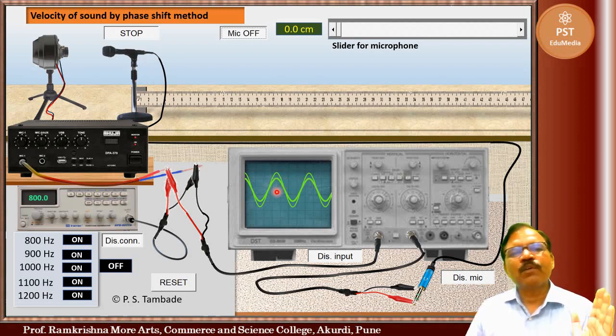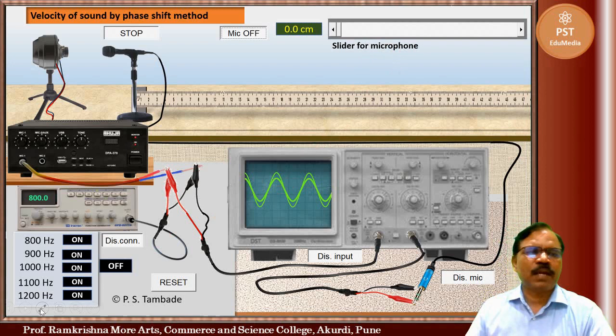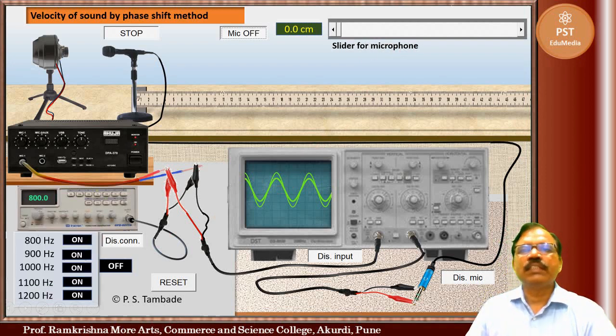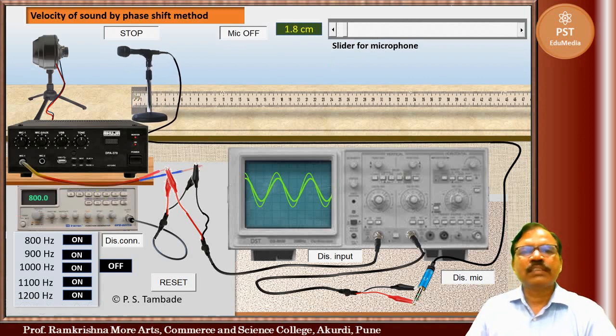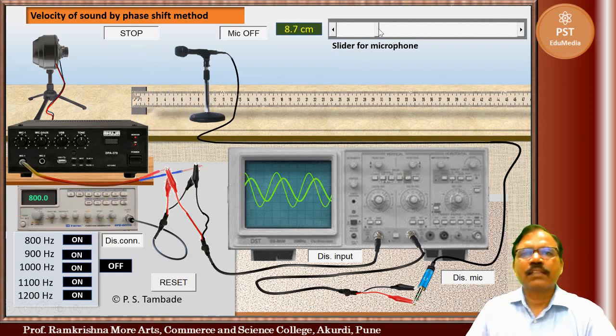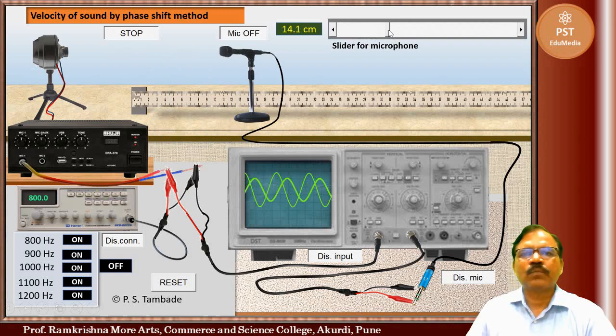The microphone waveform will shift on the screen when we change the position of the microphone. So we will change the position of the microphone using this slider. See here, you will observe a shift in the waveform. Go on shifting. You can shift like this also.